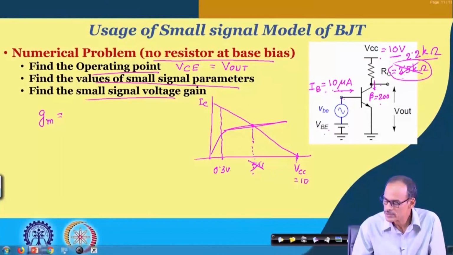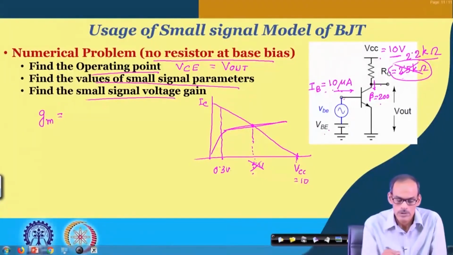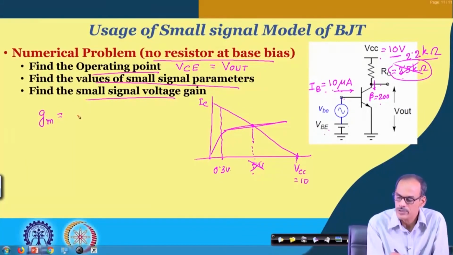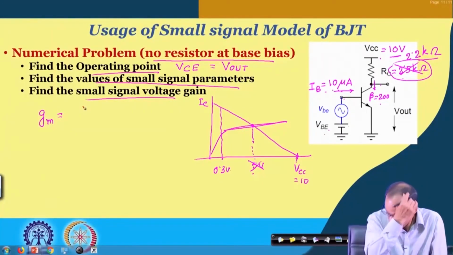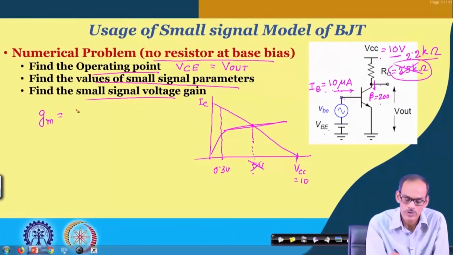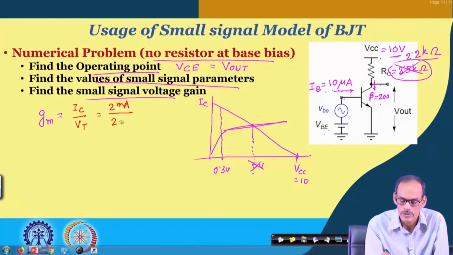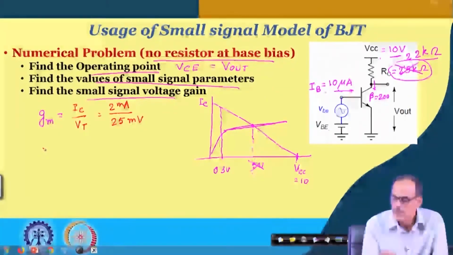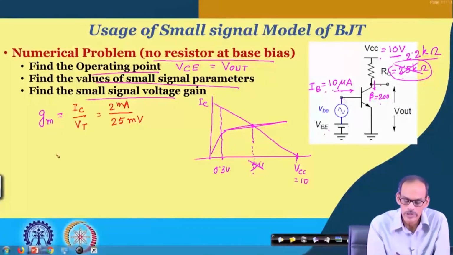considering the thermal equivalent voltage to be 25 millivolt. So, this is IC divided by VT. So, this is 2 milliampere divided by 25 millivolt. Then the r pi, it is not required.